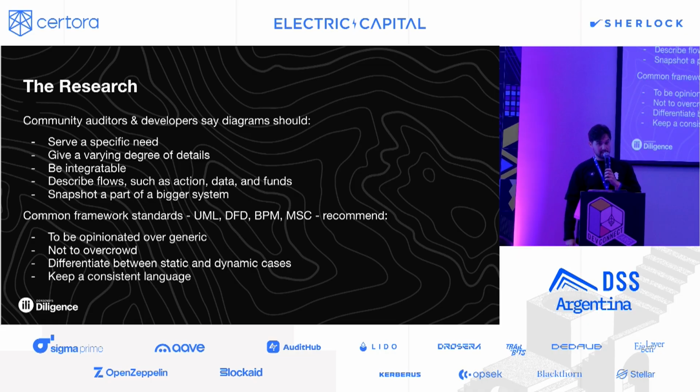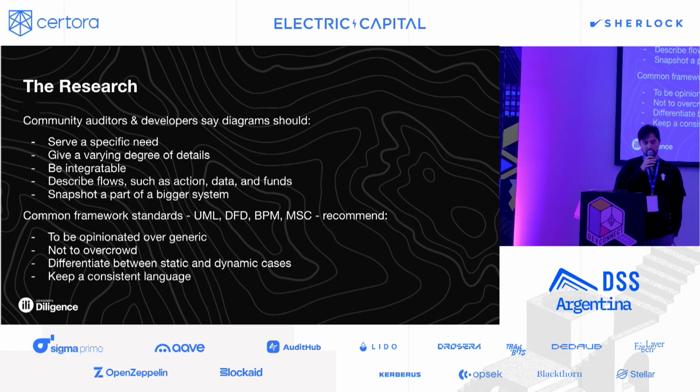And something that is quite new and quite interesting is a lot of people have expressed interest in making diagrams in a more automated manner using AI agents, and maybe even have those diagrams be digestible by those machines.